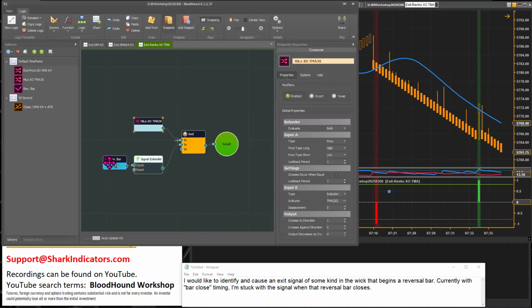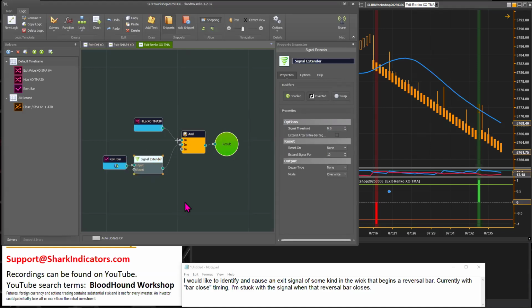And the way this is all set up, I'm pretty certain this all is set up correctly to work with the calculate on price close, both on price close and on bar close.